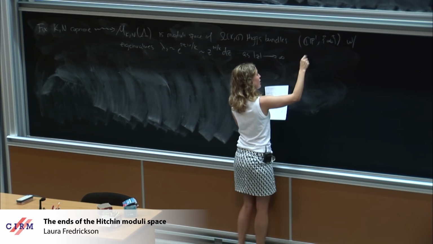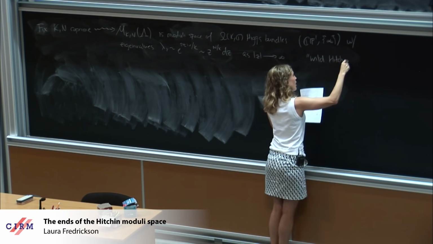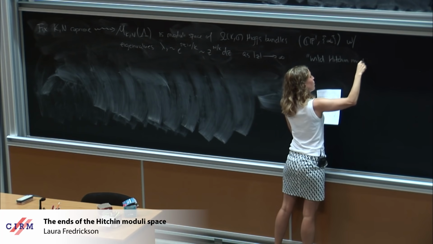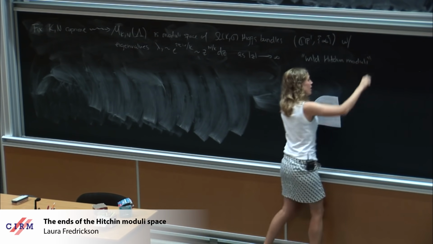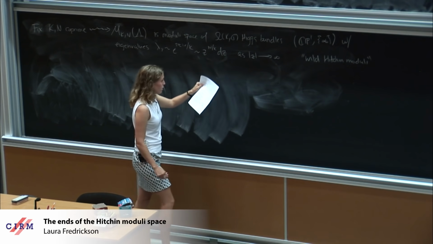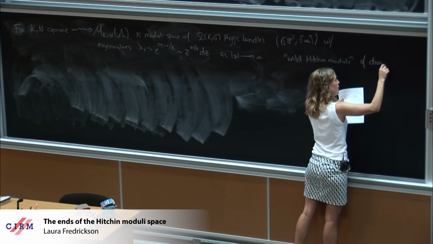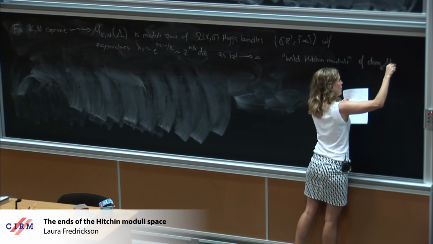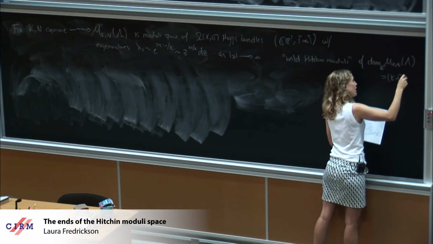And this is a wild Hitchin moduli space, meaning that this pole at infinity is not a simple pole, it's a higher order pole. And in some sense, it's a fractional pole of dimension (k minus 1, n minus 1).